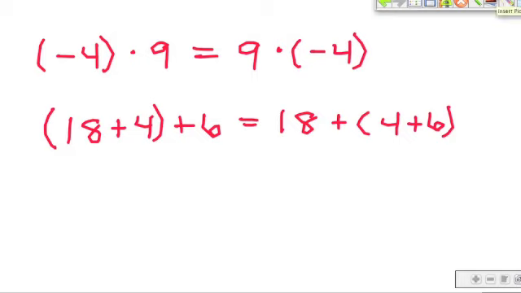So let's solve one. If I was going to solve 29 plus 37 plus 1, I can do 37 plus 1 first. I could do 29 plus 37. I could even do 29 plus 1 plus 37. Again, it does not matter the order. Let's just do something different.